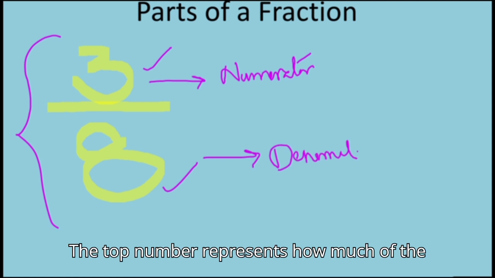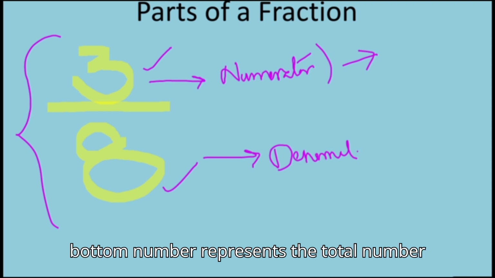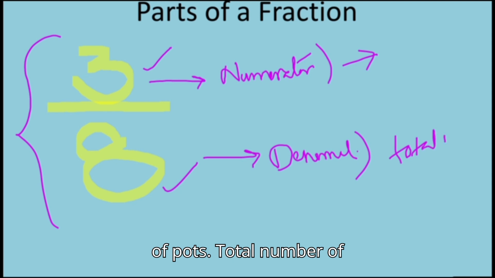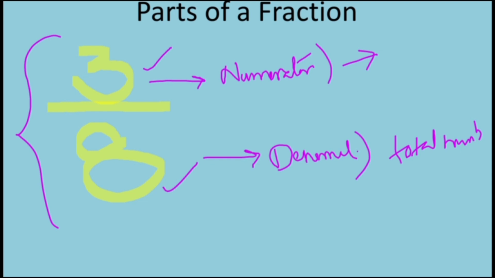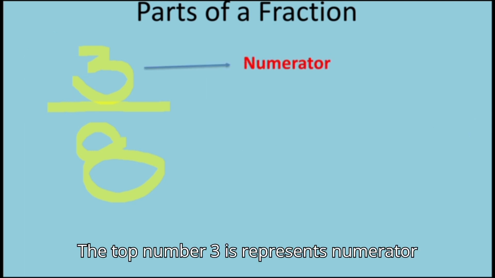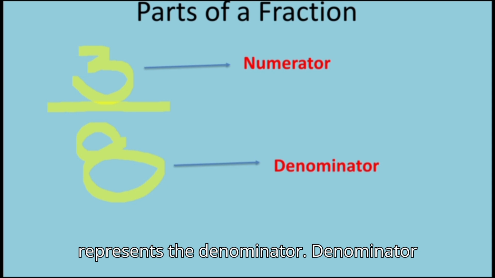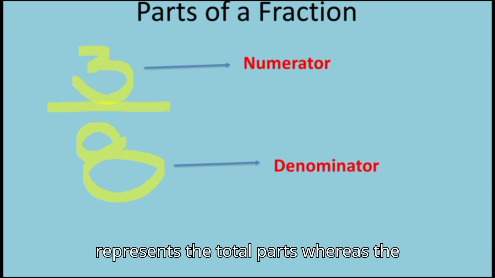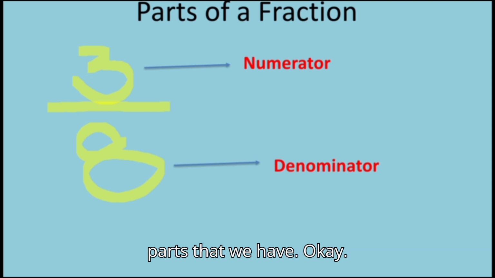The top number represents how much of the parts we have, whereas the bottom number represents the total number of parts. The total number of parts is the denominator. The top number 3 is the numerator, and the bottom number 8 is the denominator. The denominator represents the total parts, whereas the numerator represents the number of parts that we have.